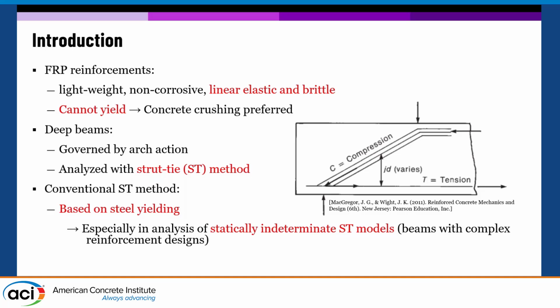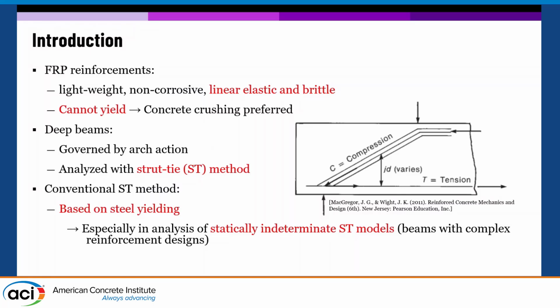Okay, so first statement is pretty obvious. FRP reinforcements are linear, elastic, and brittle. The fact that they are lightweight and non-corrosive is less of an issue with strut-and-tie modeling, but being brittle and linear elastic, they do not yield, and you want to have a failure mode governed by concrete crushing.